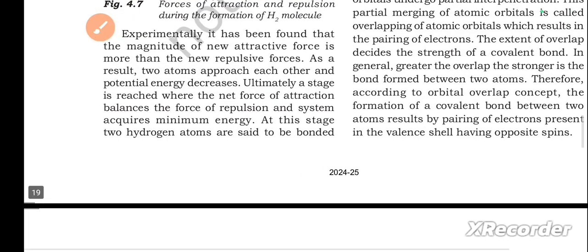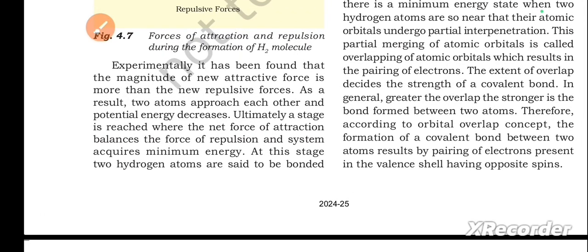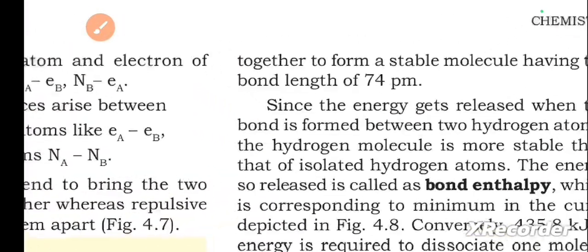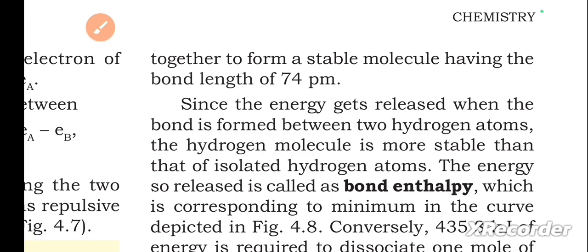Experimentally, it has been found that the magnitude of the new attractive force is more than the new repulsive forces. As a result, the two atoms approach each other and potential energy decreases. Ultimately, a stage is reached where the net force of attraction balances the force of repulsion and the system acquires minimum energy. At this stage, the two hydrogen atoms are said to be bonded together to form a stable molecule having a bond length of 74 pm.